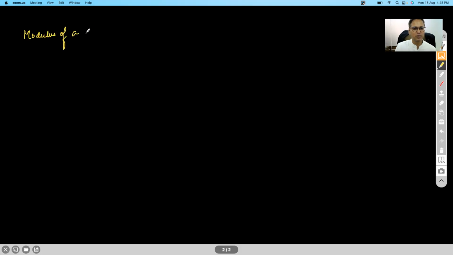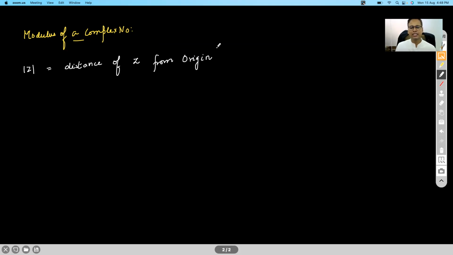Modulus of a complex number. So what did we discuss there? Modulus is basically nothing but it represents the distance of the complex number point z from origin, right? So what does complex number modulus represent?